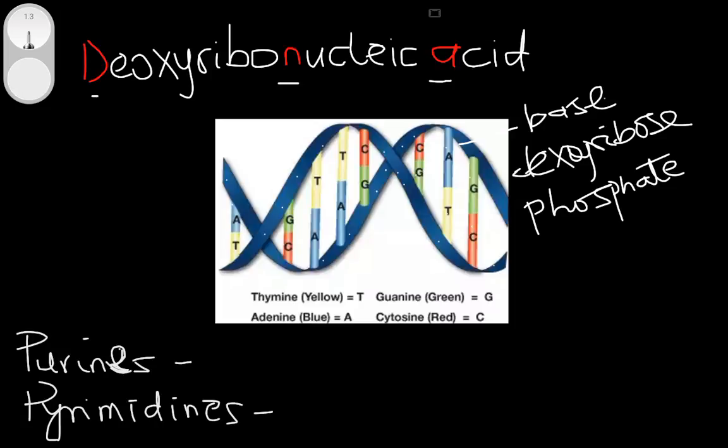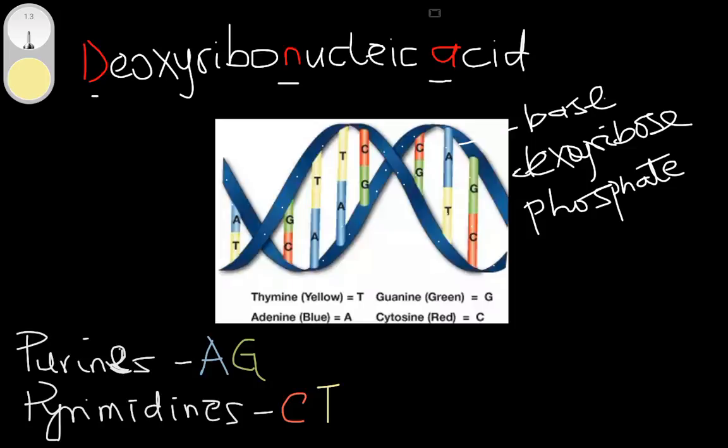The first one is the blue one here, which represents adenine. And then we have this green column, representing guanine. A and G. For the pyrimidines found in the DNA, the first one is cytosine, that's C, and the other one is thymine, which is represented as the yellow T.